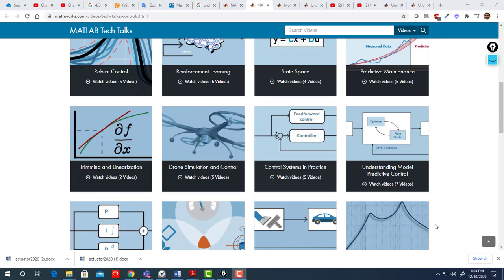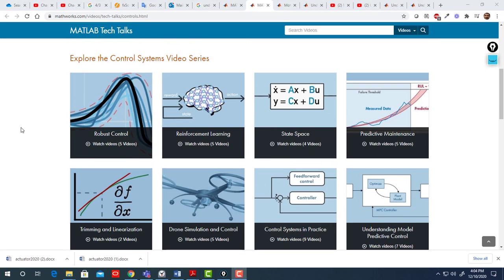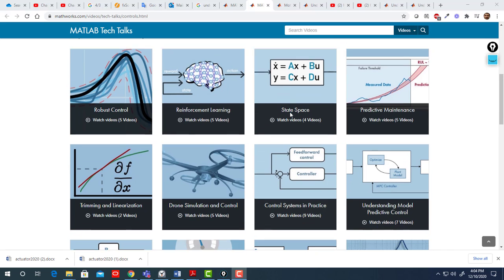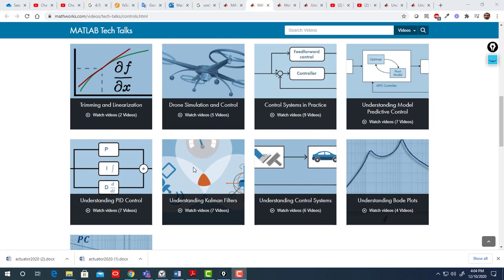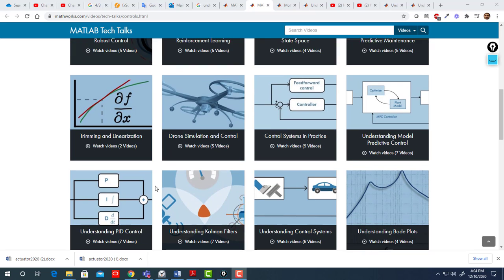There are many of them, but not all will be seen in modern control, like state space. If we are lucky, we'll look at predictive control. We should have predictive control somewhere. Yeah, modern predictive control is something we could look at. Kalman filter, hopefully we could see in modern control class.